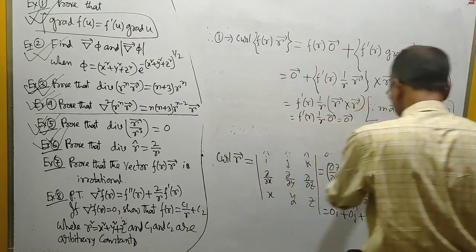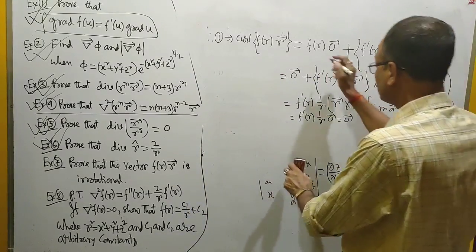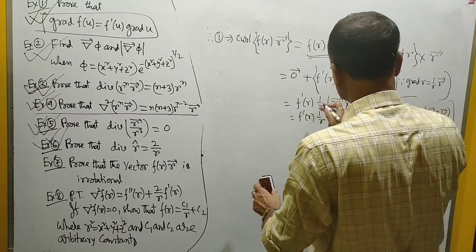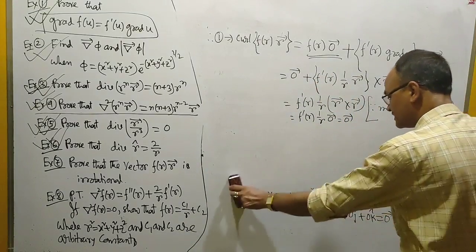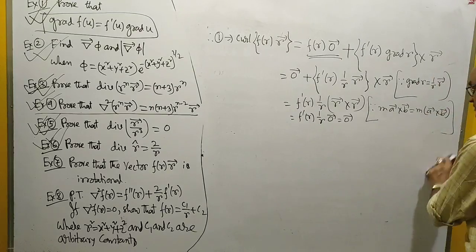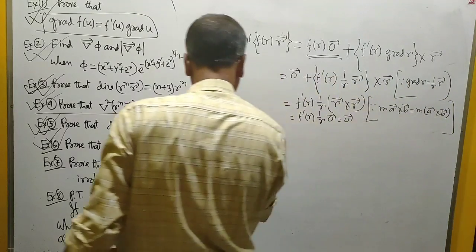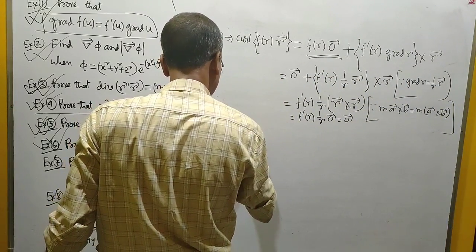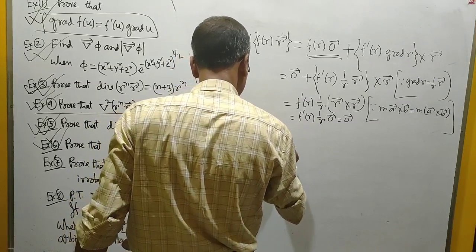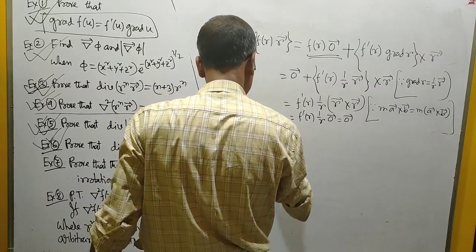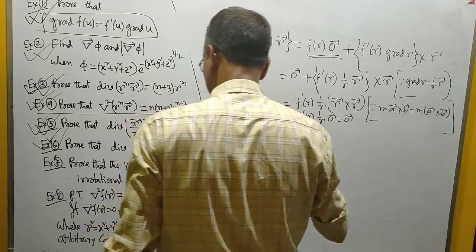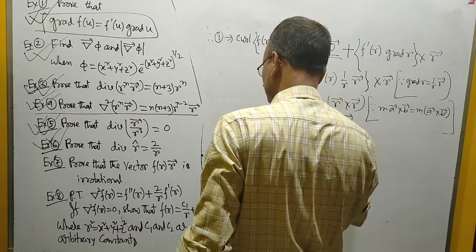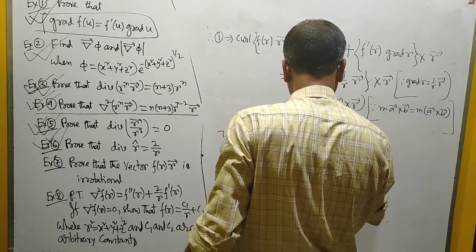Now, this is again the 0 vector. So the curl of f of r vector is equal to the 0 vector.